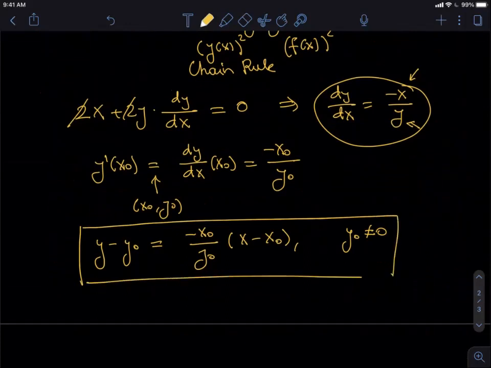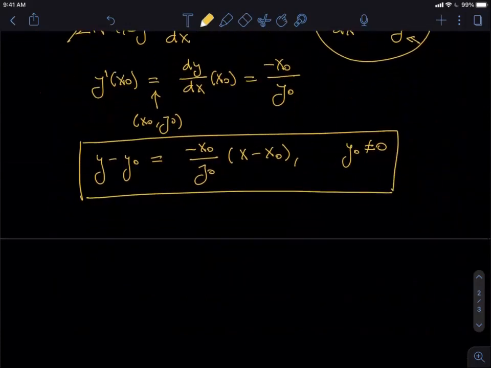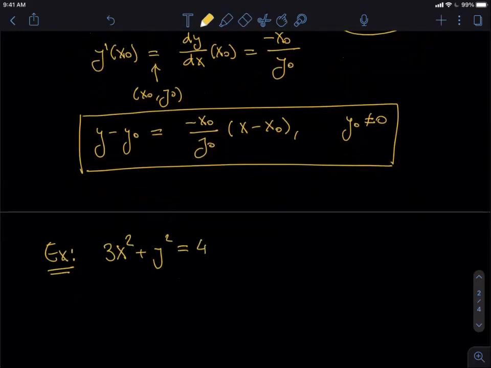Let's do more examples. Let's say now I give you something very similar: 3x squared plus y squared equals 4. And here we want to find the tangent at the point (1, 1).